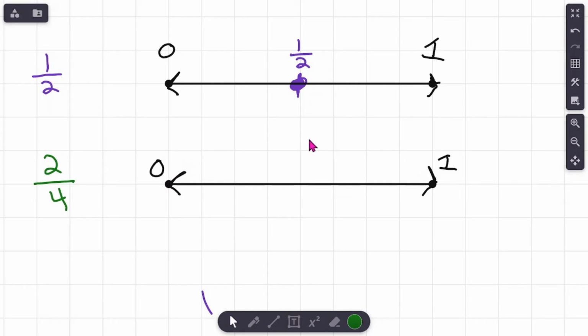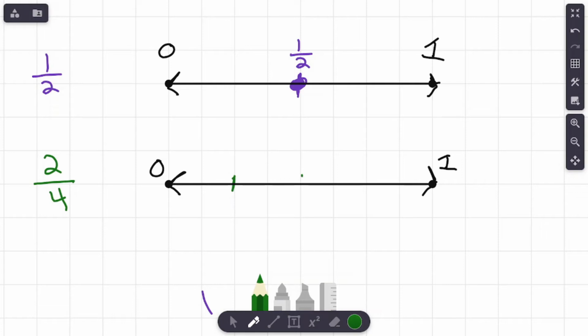Okay, pause the video and show us where 2/4 is. Hopefully you paused it and gave it a shot yourself. I'm going to break this number line into however many my denominator is. My denominator is the number 4, so I need 4 equal sections on my number line. I need to partition this into 4ths.